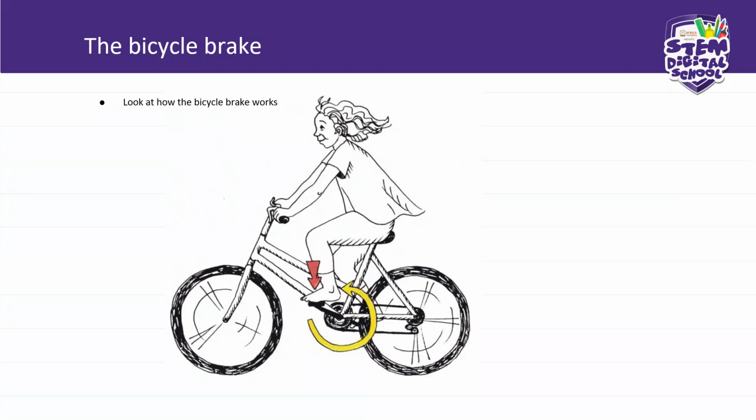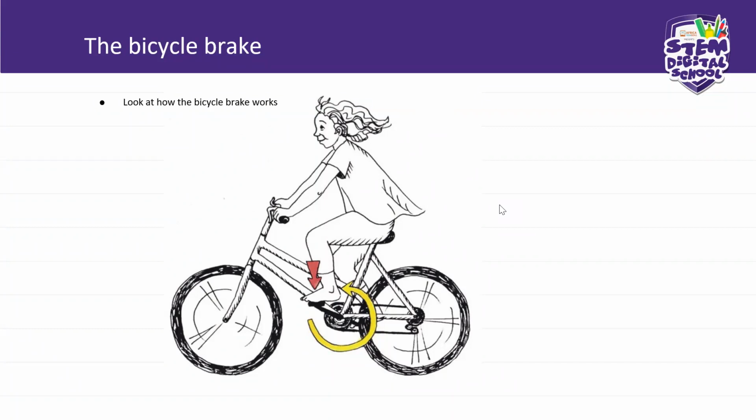Then the output, what is the output? The output is a moving bicycle, but the output will be linear movement, rotary movement changed to linear movement of the bicycle.